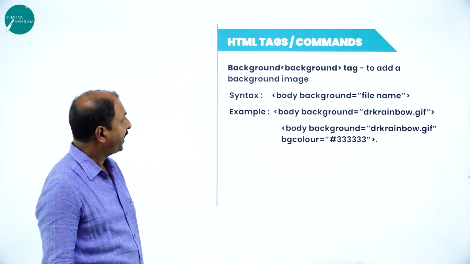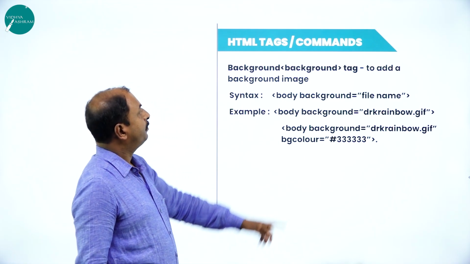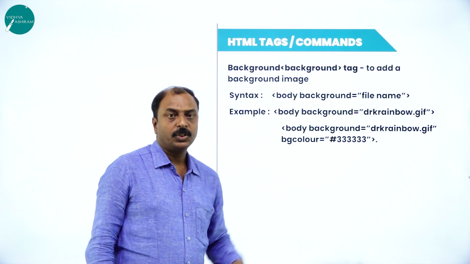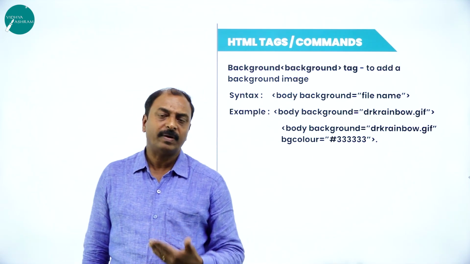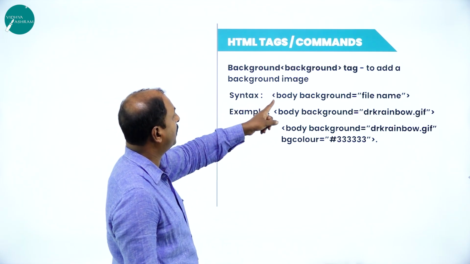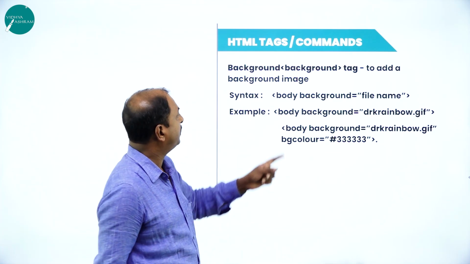Now let us move on to the next tag, that is background tag. And here this background tag is used to add background images to our website or web page. So what is the syntax? Look at the syntax. The syntax is body, and actually this background attribute normally we use along with the body tag here.